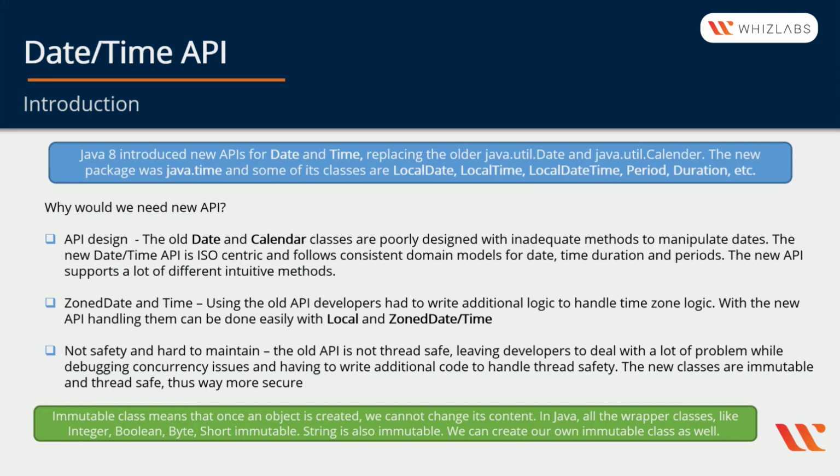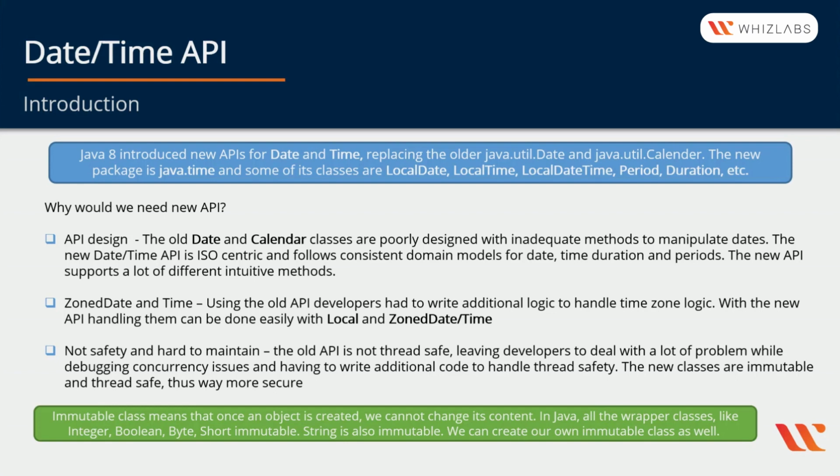Java 8 introduced new APIs for date and time, replacing the older java.util.Date and java.util.Calendar. The new package is java.time, and some of its classes are LocalDate, LocalTime, LocalDateTime, Period, Duration, and many more.